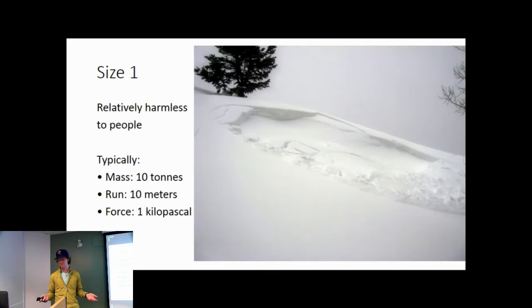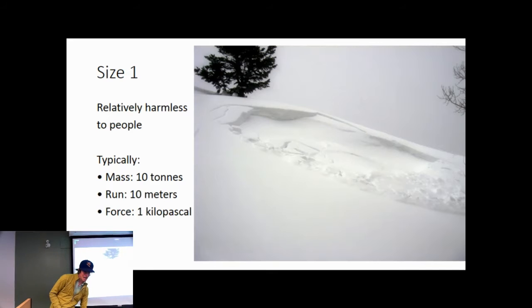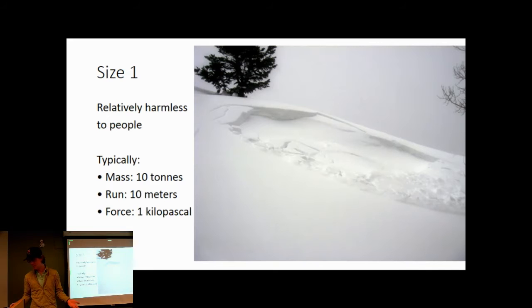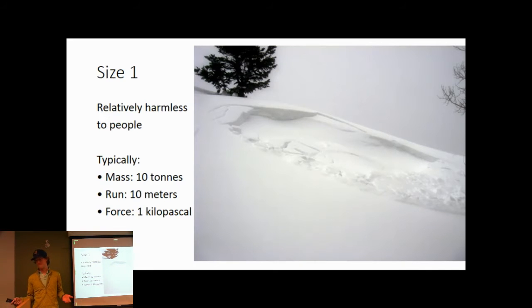So that would be 40 cubic meters of snow. If we talk about a slide that's about half a meter deep, it's a tiny slide. It's 10 meters by 8 meters by half a meter deep. So maybe the size of this little square here.